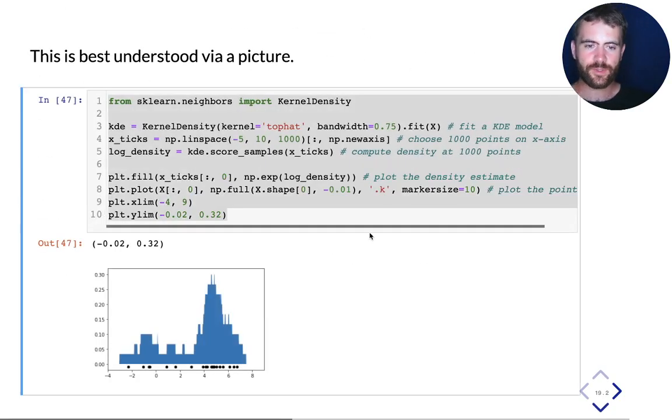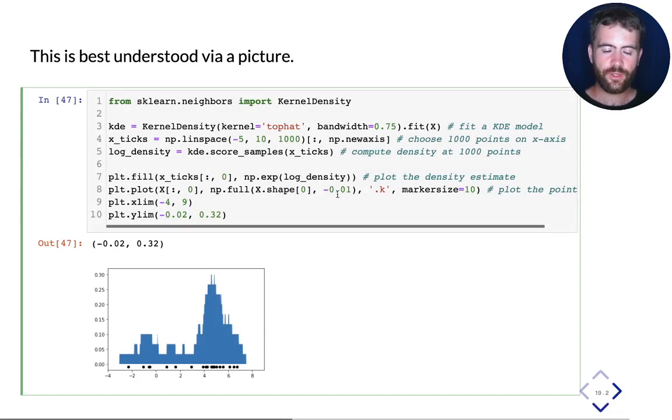And we can easily understand this by looking at a picture. So here I use a bit of NumPy to generate the following histogram. Or it's not a histogram, now it's a kernel density estimate. You can see here that at each possible position on the x-axis, I count how many data points are near that location.